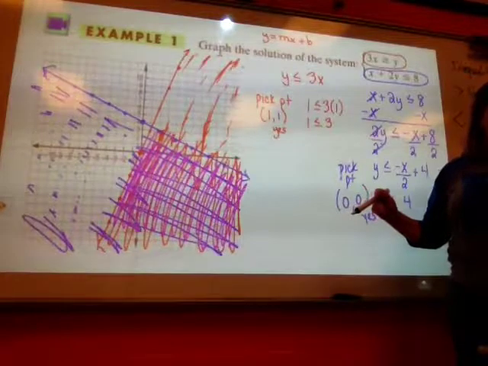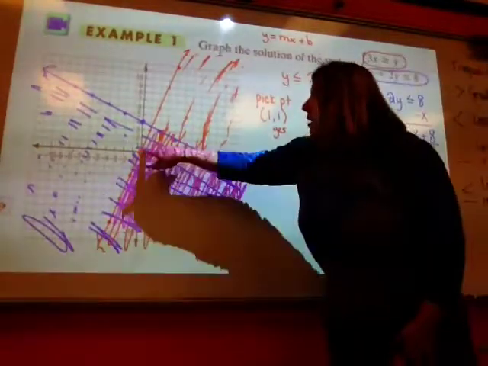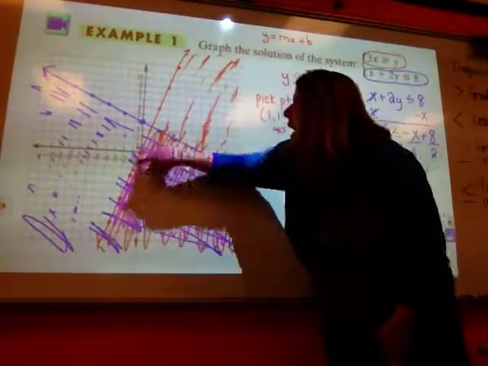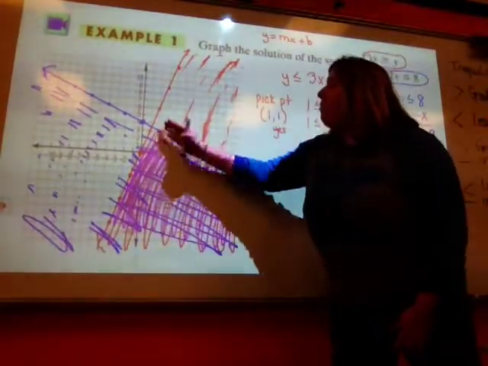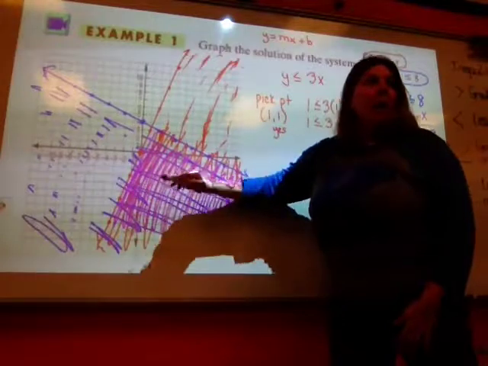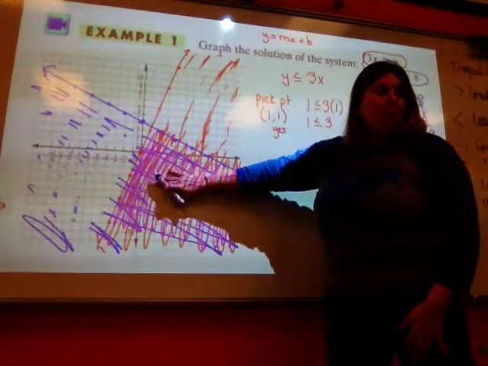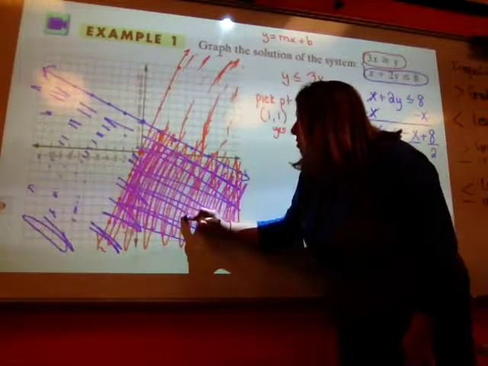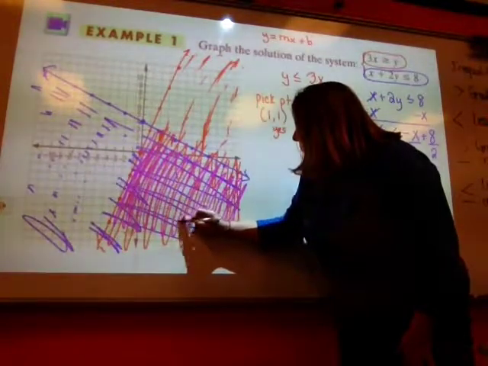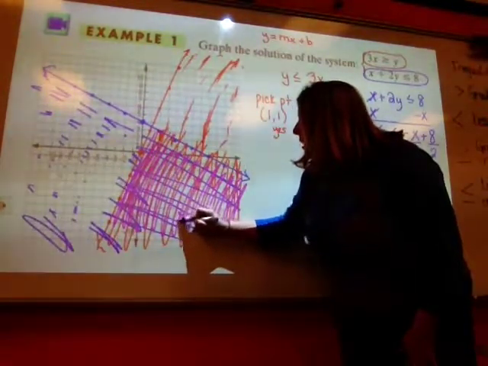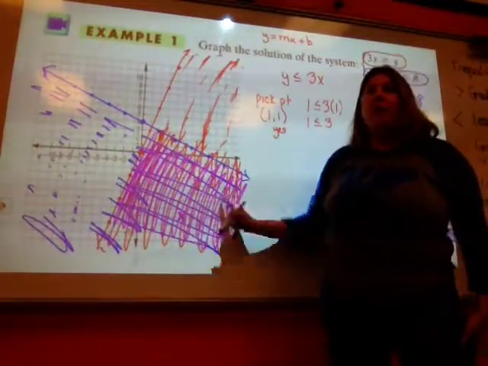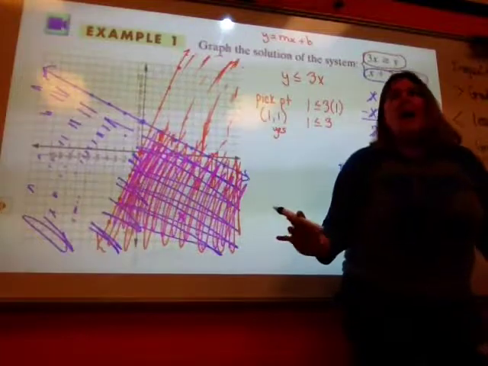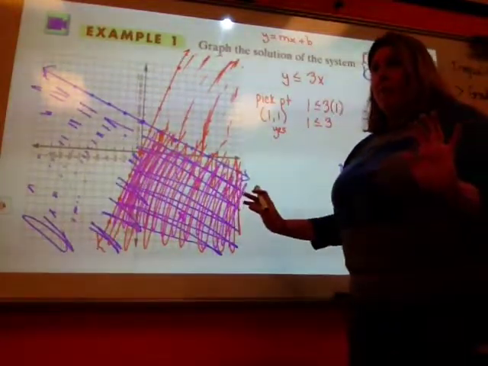If I pick the point 0, 0, because it's on this part of the line, and because it's below the blue line, it's going to work. I could pick this point right here, and that point would work because it's within my region. Does that make sense? Now, everybody okay?